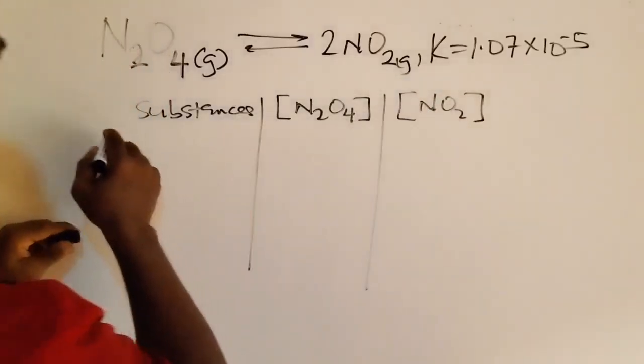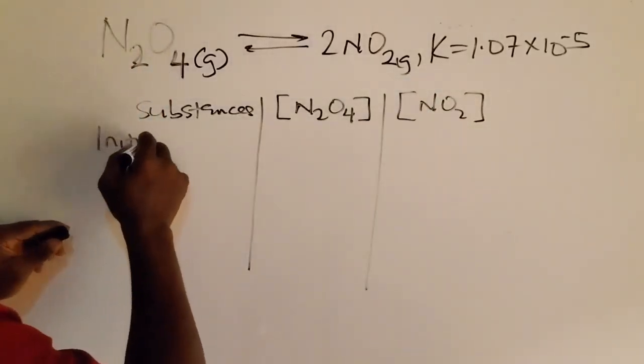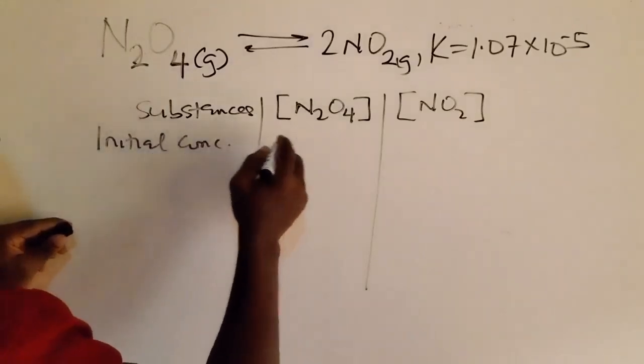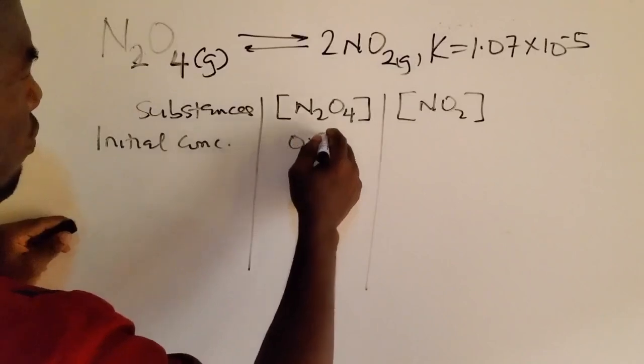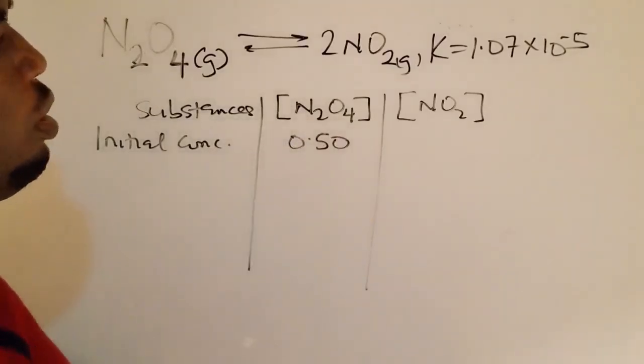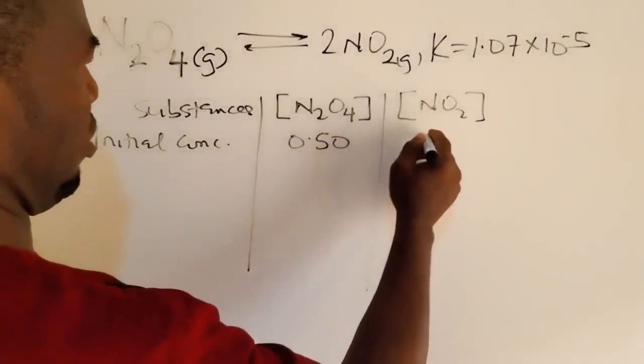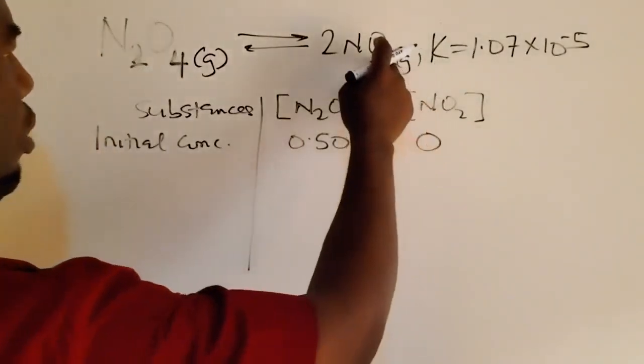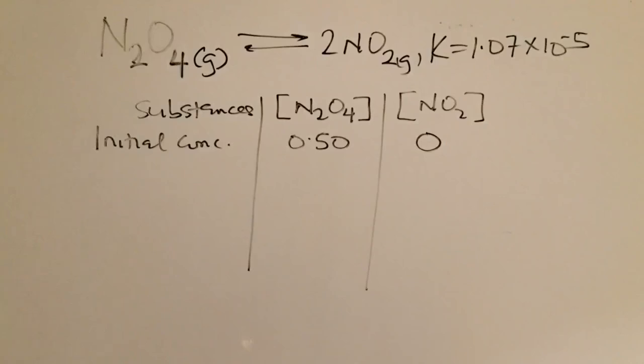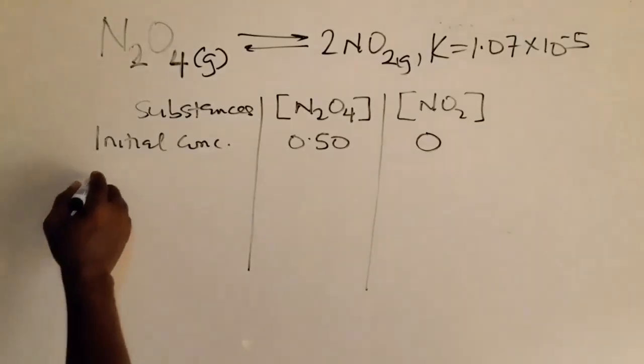The initial concentration for this is what we obtained as 0.50 from our calculation. And the initial concentration of the product is 0 because at the beginning of the reaction, no product was formed before the reaction started. So that's why it's 0. So we now get the change in concentration.